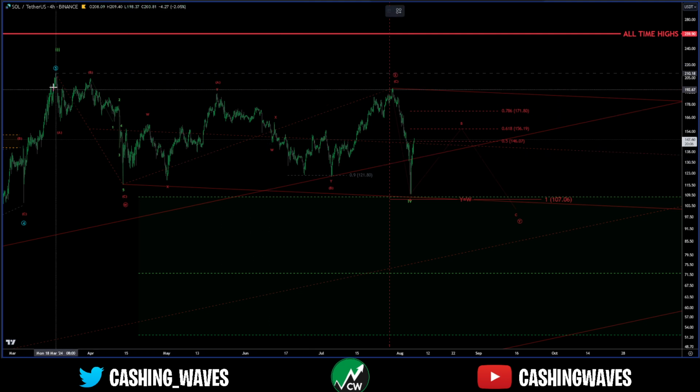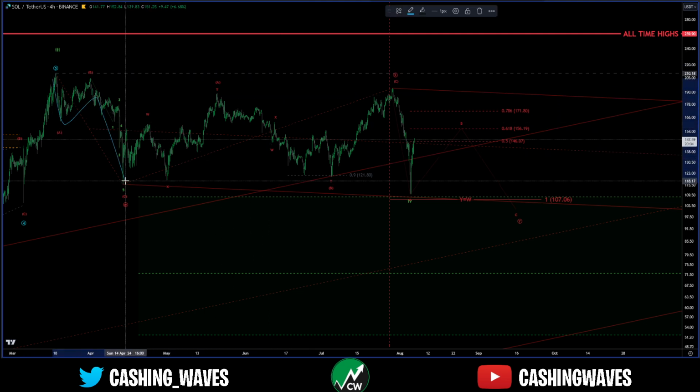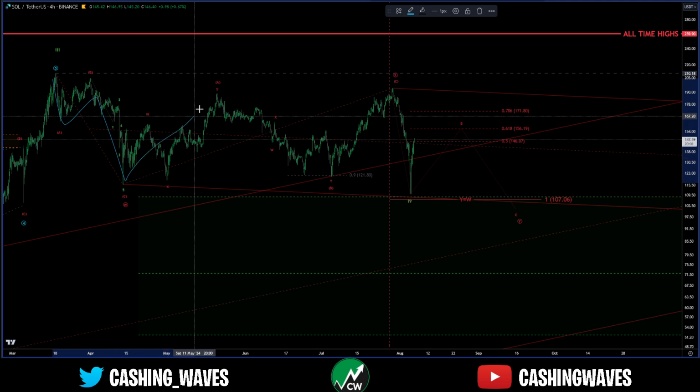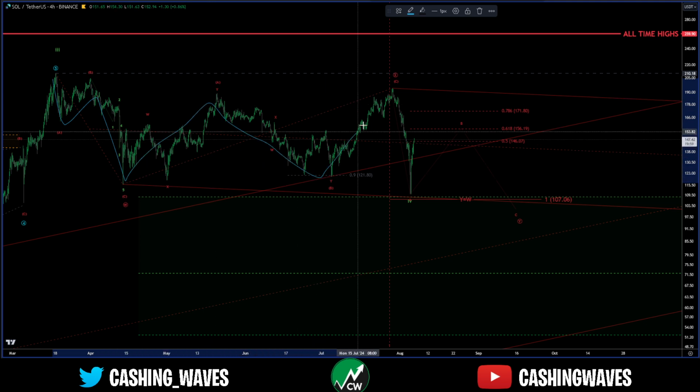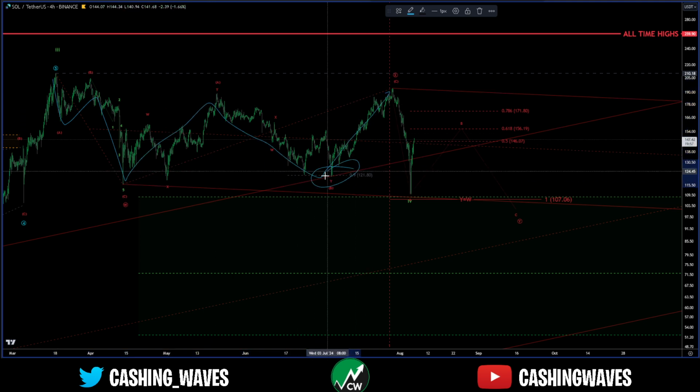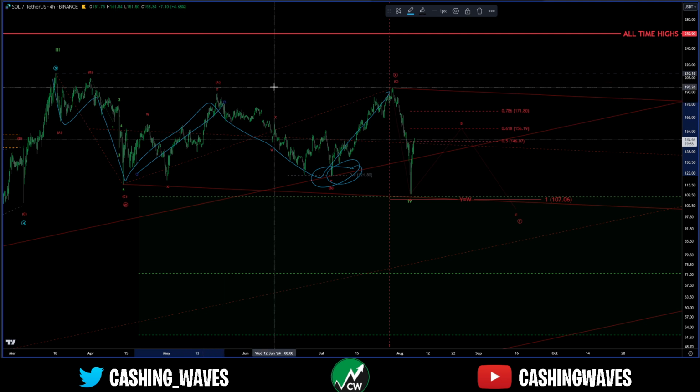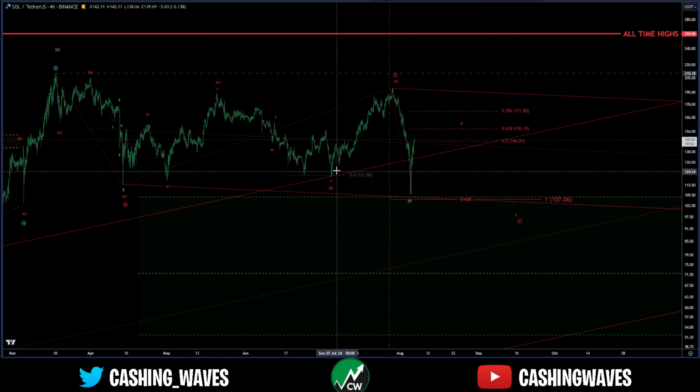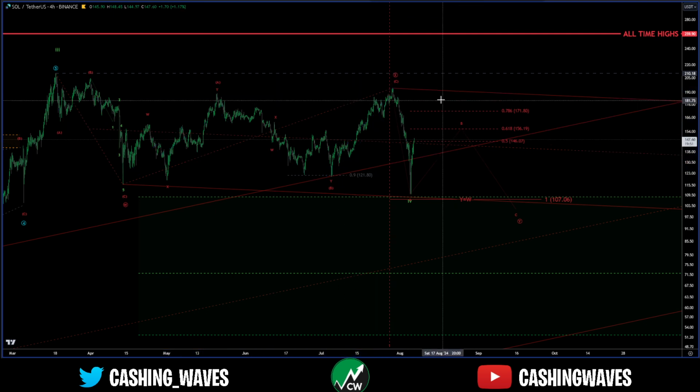So in this situation, we'd have an ABC. This becomes our A, B, C as a flat. You can see we reached the 90% retracement of this A wave, so it does qualify as a flat. Remember, this is a nice 5-wave move.